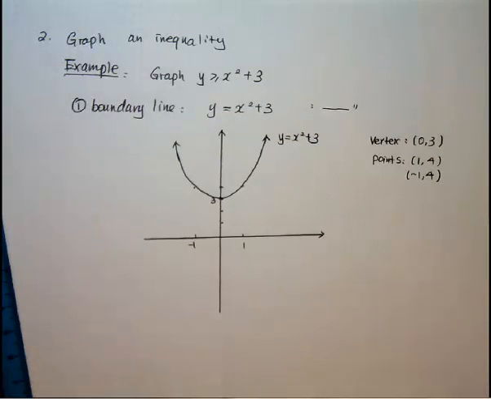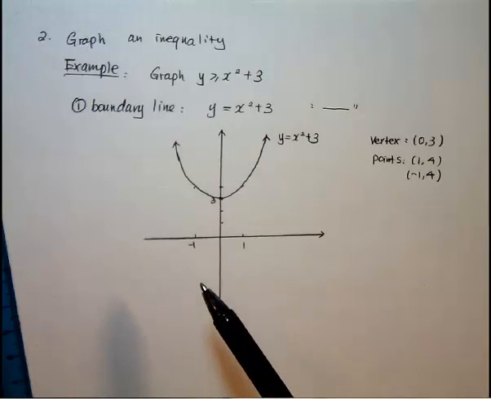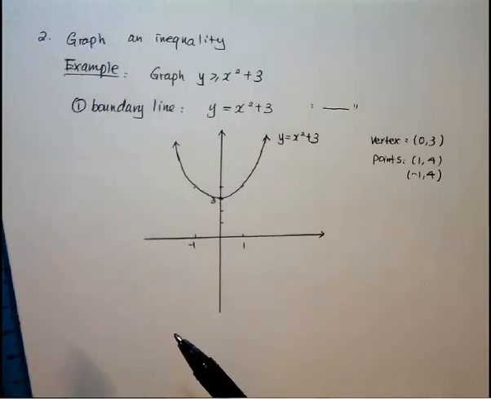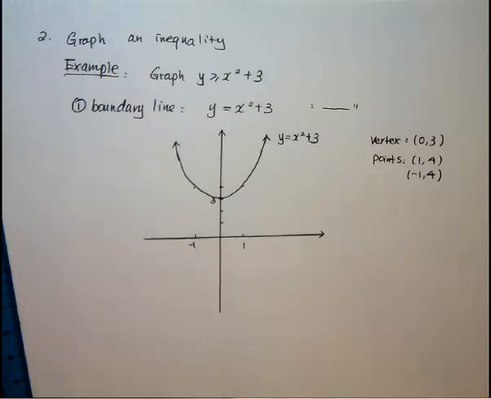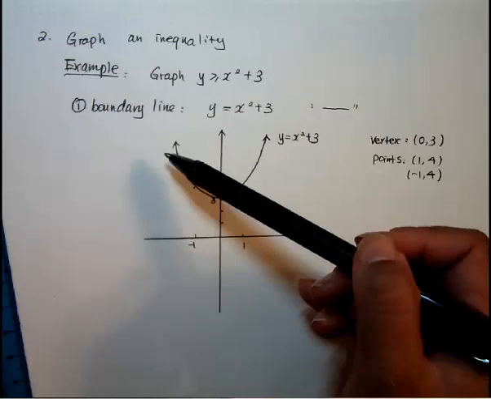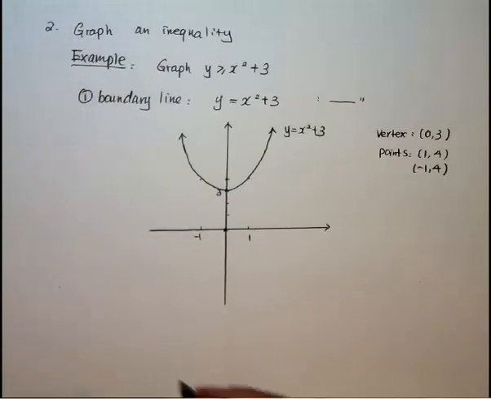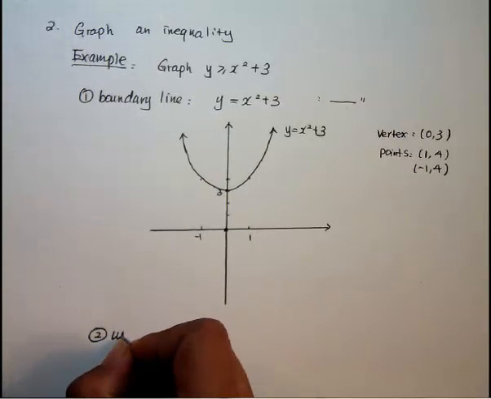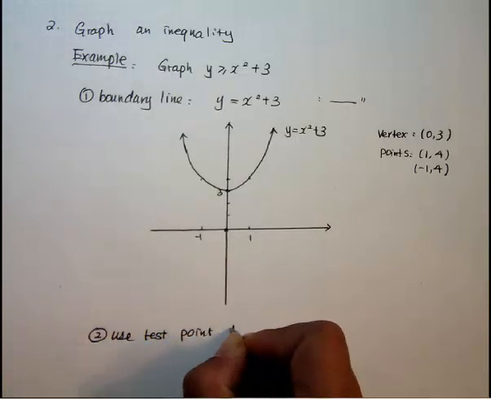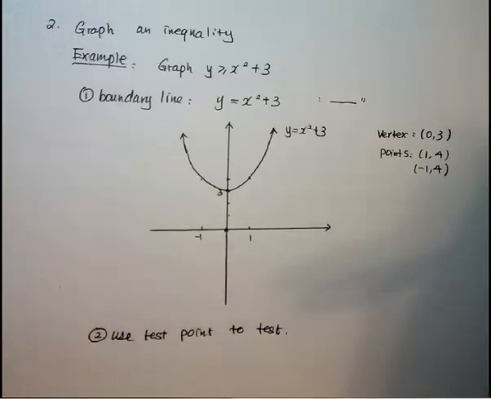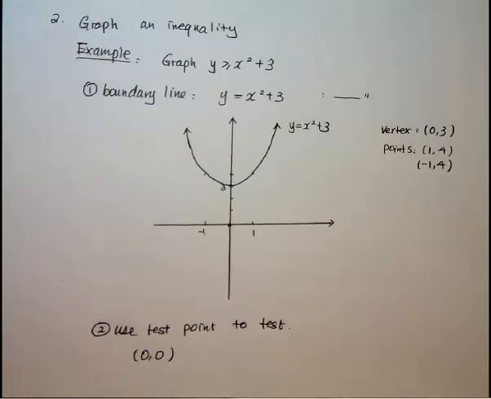You can see this parabola divides the plane into two halves, a little bit different from the linear case. It's no longer left or right or up or down. The halves are inside the parabola or outside the parabola. You can choose some point inside or outside. Let me still choose the point 0, 0 as the test point. Because it's not on the boundary line, I can use it.